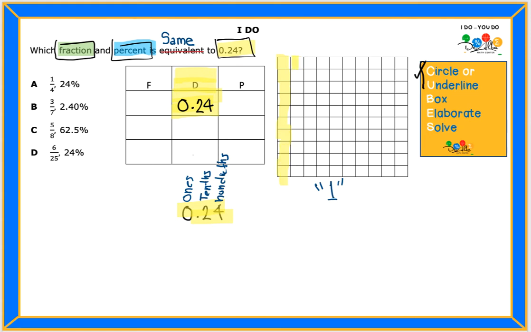Oh, but this number says that it has 2. This one will be 2/10ths, and then 1, 2, 3, 4 hundredths, right? So do you notice here that this fraction, these 2 bars and this 4 hundredths represents 0.24?